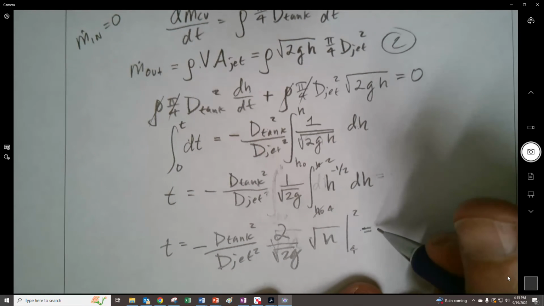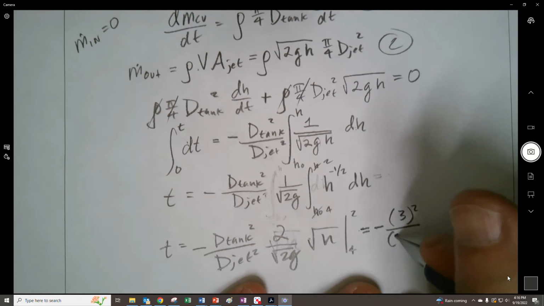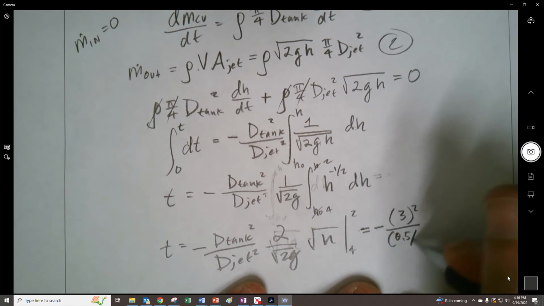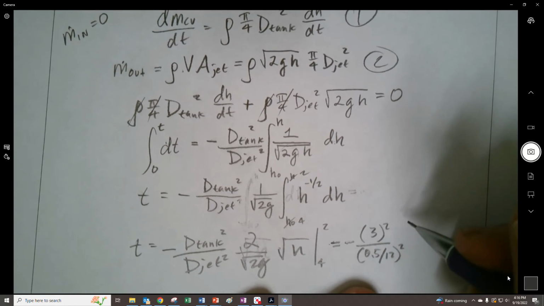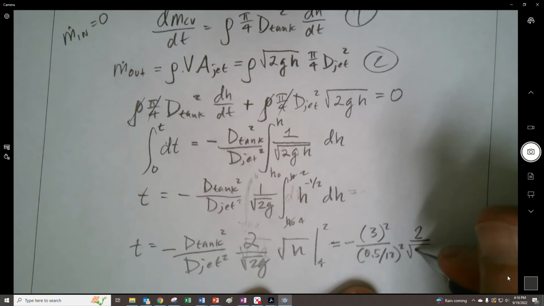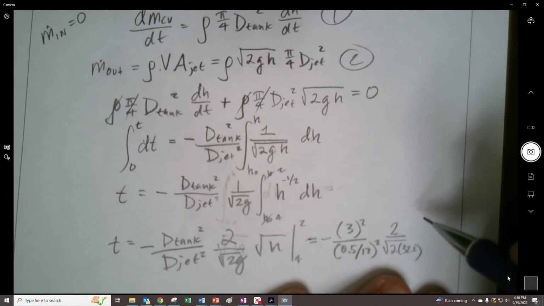So I think I'm about to get it right, where d of the tank is 3 feet. d of the jet is going to be 0.5 divided by 12, squared. And we're going to have 2 divided by the square root of 2 times 32.2.